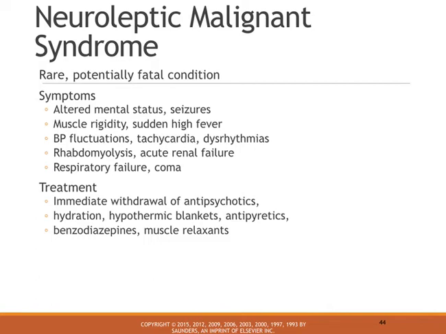They can develop heart dysrhythmias or tachycardia. They can show or complain of the symptoms of rhabdomyolysis. And I know after the Unit 4 discussion board question, everybody knows what rhabdo is. And rhabdomyolysis can lead to acute renal failure. People can also have respiratory failure or coma.